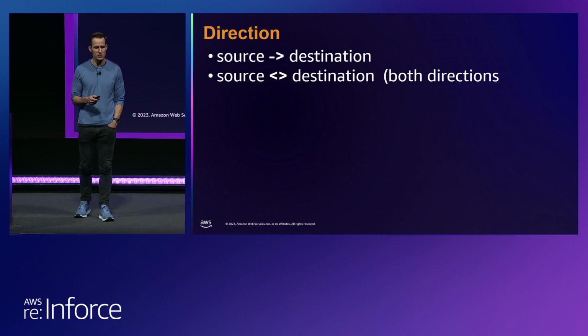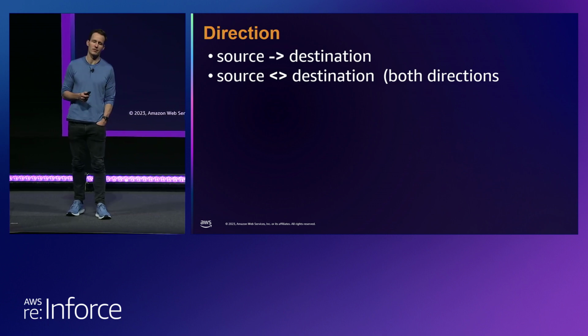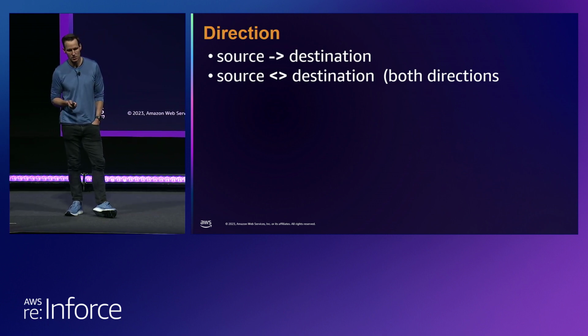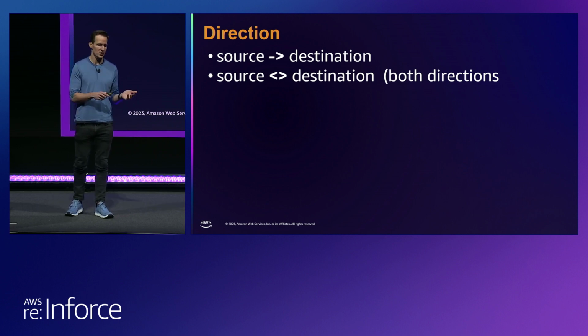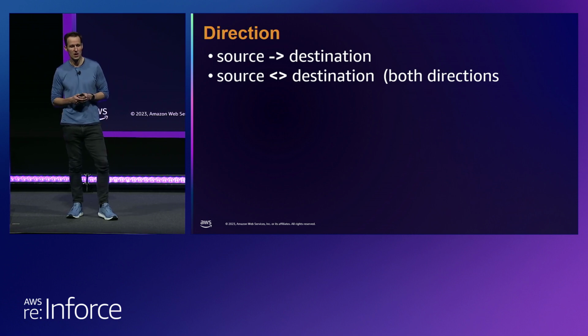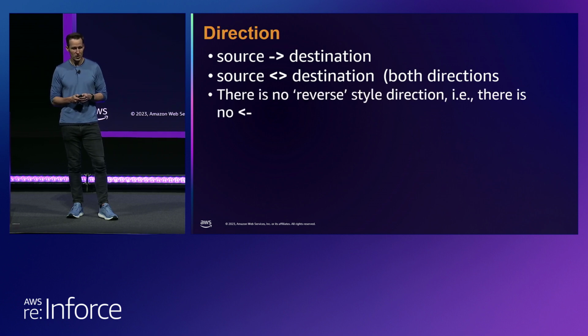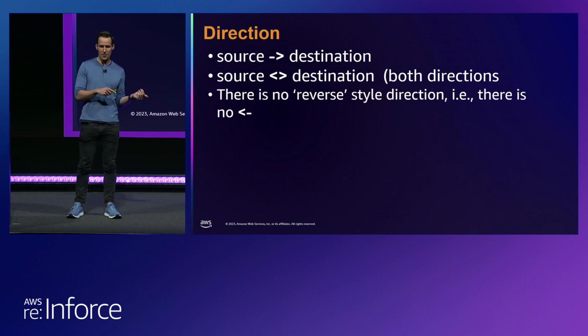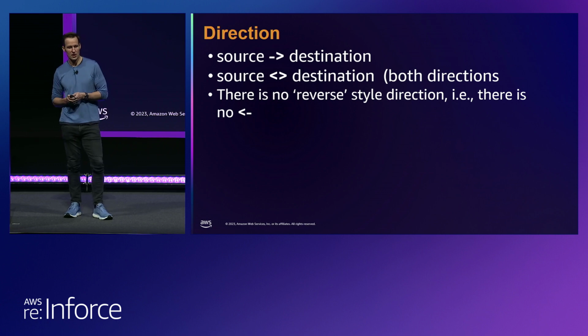The recommendation is that you don't use this, unless maybe you have some instance where you have a specific need for it. Most of the time it's best to match in one direction, because the Suricata rules are stateful, and the stateful rules engine is going to allow the traffic for that entire flow. Suricata does not support going in the opposite direction, so if you try to do that, you'll get an error back.